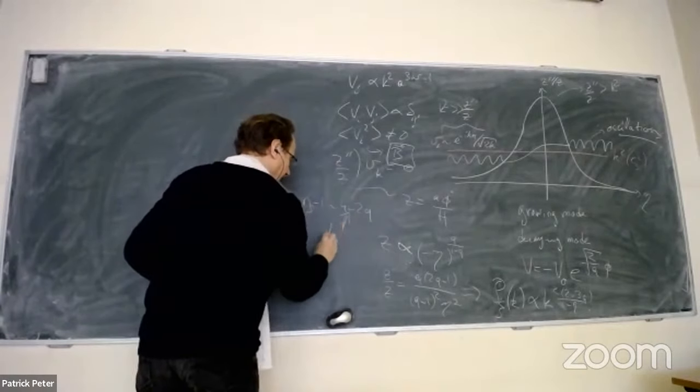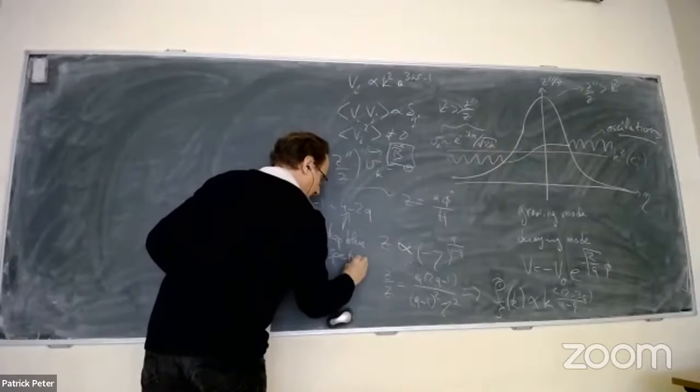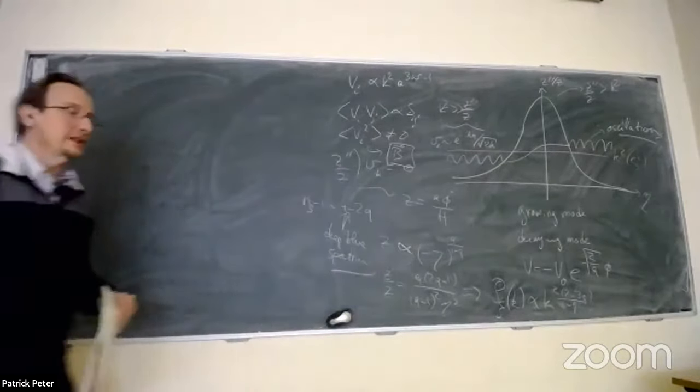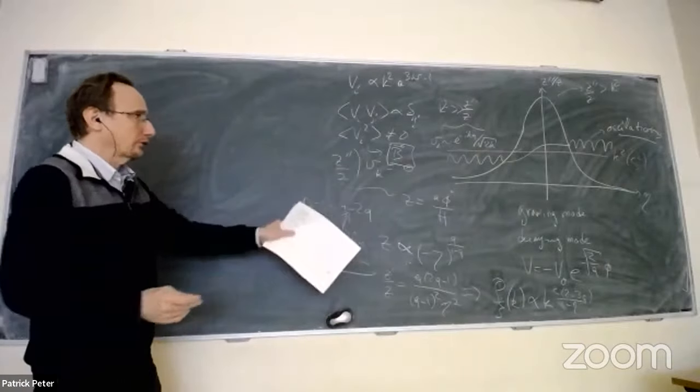So this is a very deep blue spectrum. And that explains why you need to have an extra component. You cannot use the ekpyrotic contraction to produce a scale invariant spectrum.